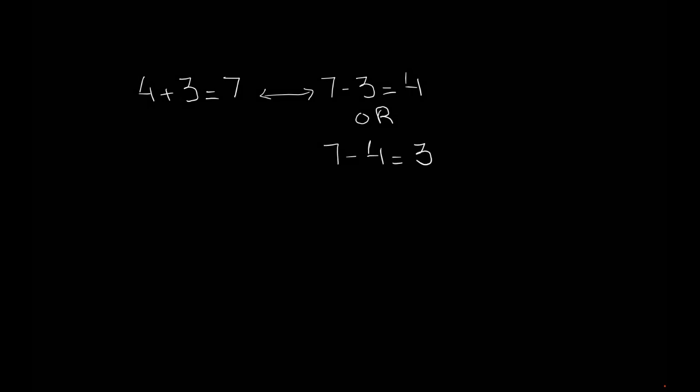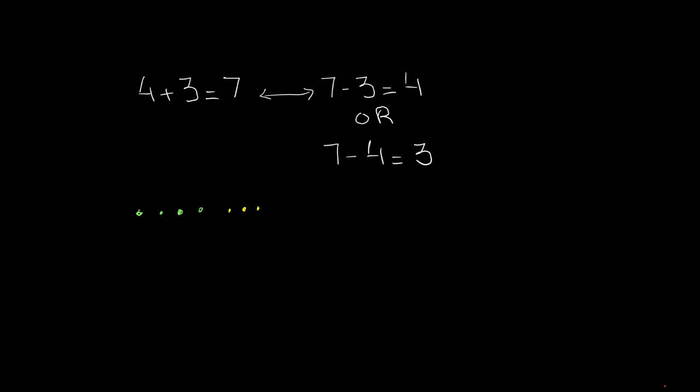Please also note that if 4 plus 3 is equal to 7, then we know that 3 plus 4 has to be 7, but we also know that 7 minus 3 is equal to 4, or 7 minus 4 is equal to 3. You can see it very easily, because if you have 4 green blobs and 3 yellow blobs, then there are a total of 7 blobs.